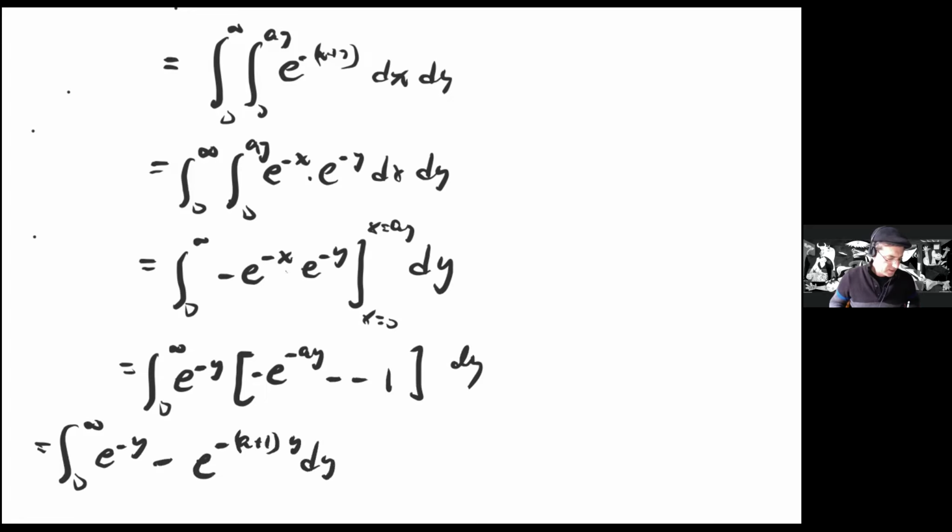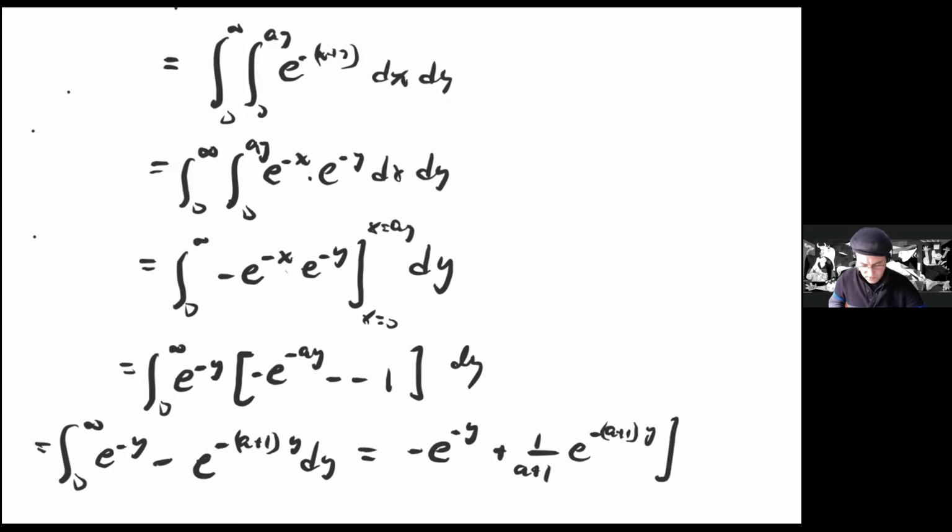And then lastly, we can integrate now. And what do we get? We get minus e to the minus y, and then plus 1 over a plus 1, e to the minus (a plus 1) times y, going from 0 to infinity. And we're going to need some more space here, so let me draw a vertical line and continue up at the top.